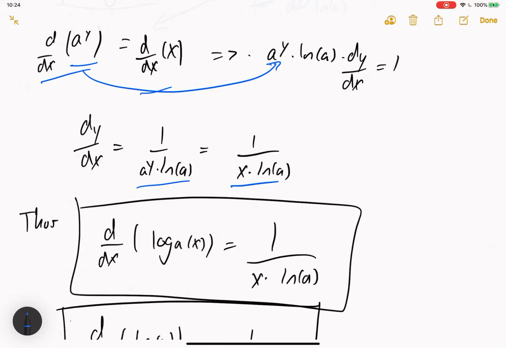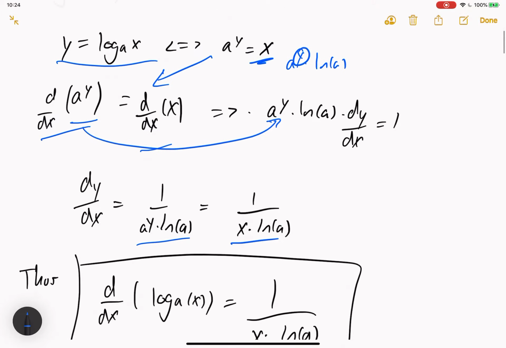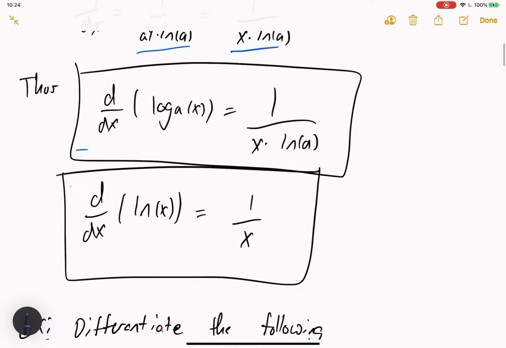We get dy/dx is equal to 1 over x ln of a. This is precisely what it says: the derivative of log base a of x is equal to 1 over x times ln of a. And likewise for the natural logarithm, and this is the one you would probably want to remember, the derivative of ln of x is equal to 1 over x.